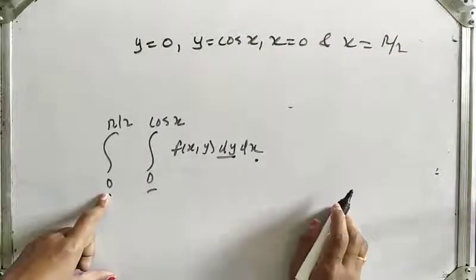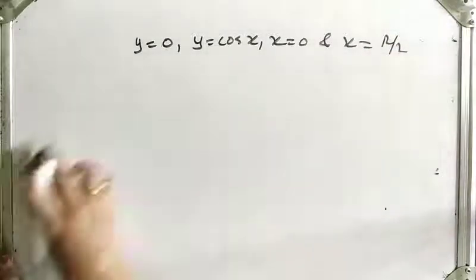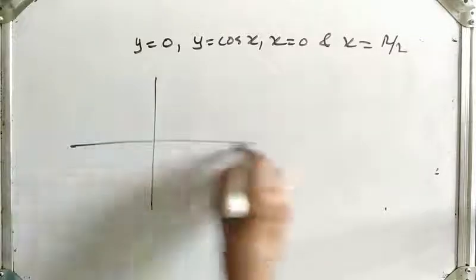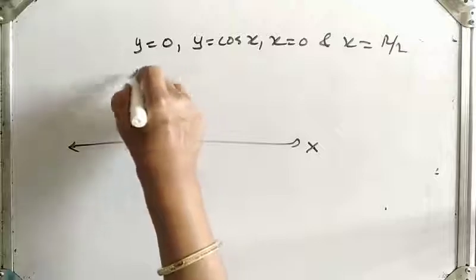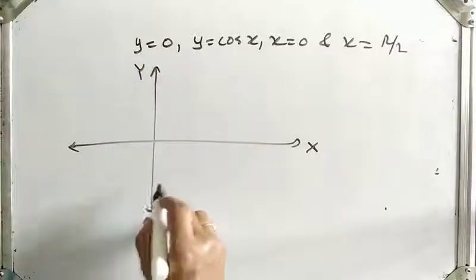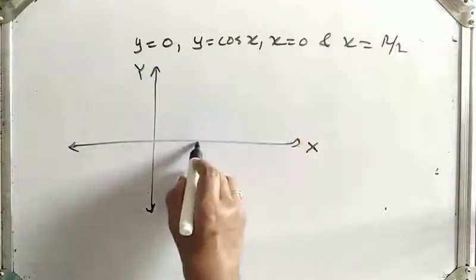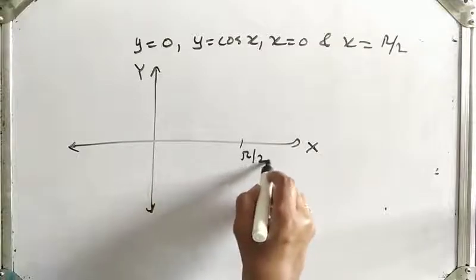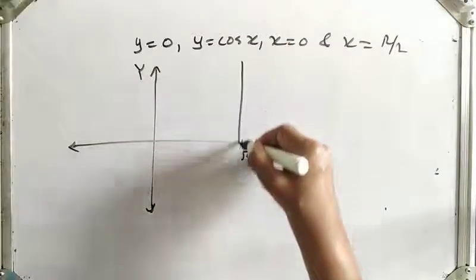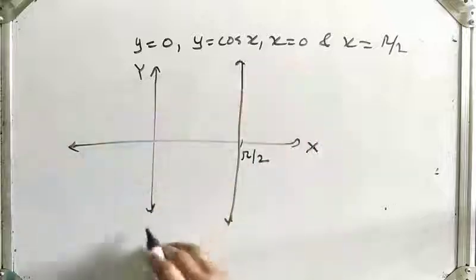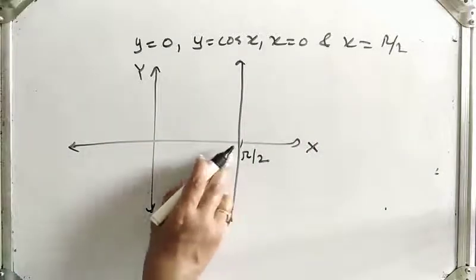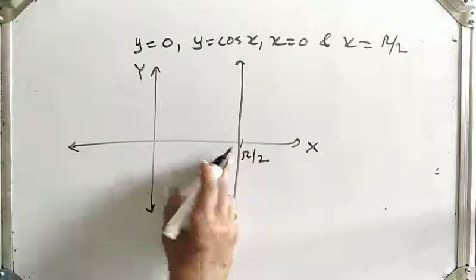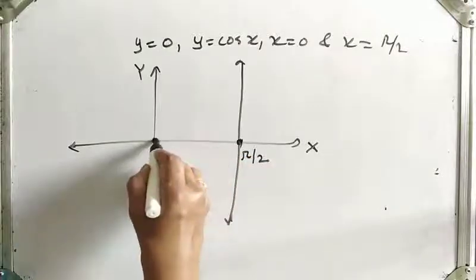Okay, so how does its graph look like? x is equal to 0 means y axis, y is equal to 0 means x axis. Suppose it is pi by 2, x is equal to pi by 2 means this line, and y is equal to cos x. You know that cos of pi by 2 is 0, and cos 0 is 1.